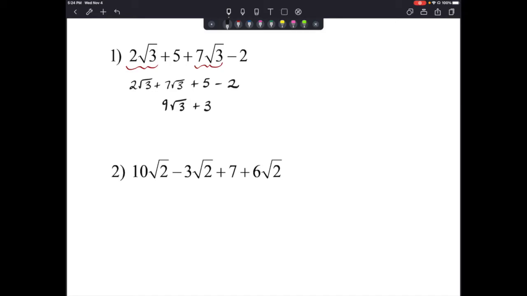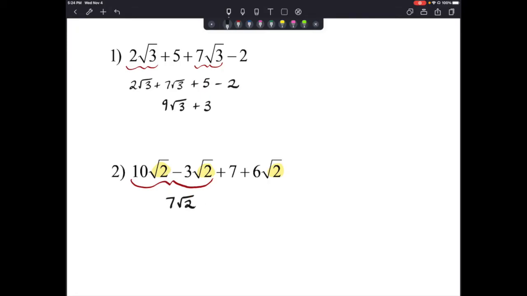The next one, we have 10 radical 2 minus 3 radical 2 plus 7 plus 6 radical 2. On this one, we've got three terms that have radical 2's in them, and then we just have a constant term. 10 radical 2 minus 3 radical 2 should give us 7 radical 2.